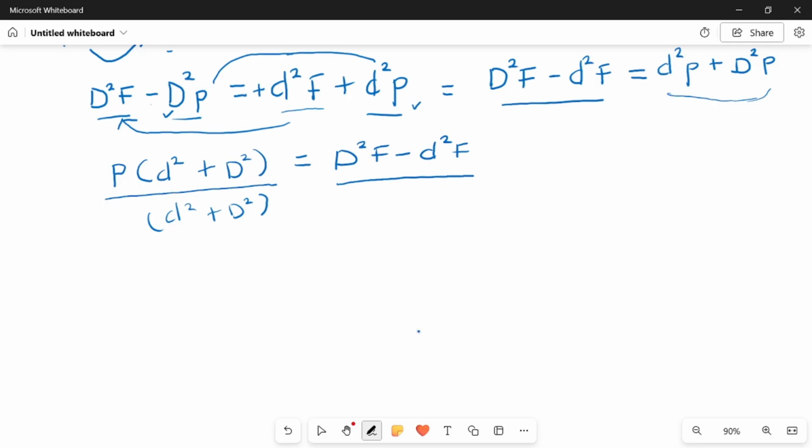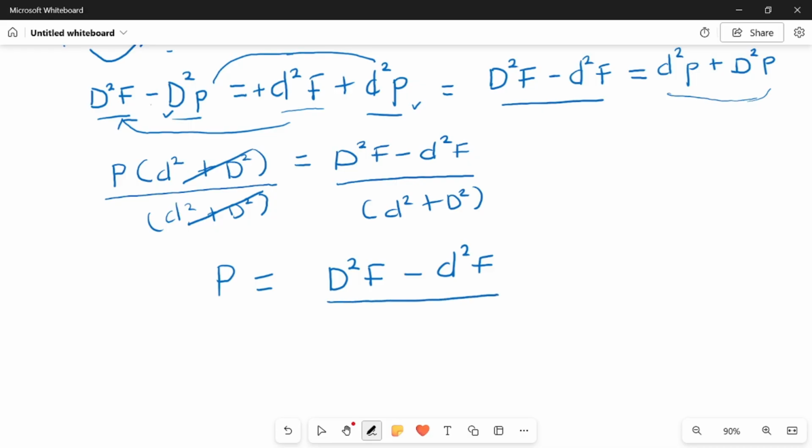This will cancel this, and we're left with P is equals to D square F minus D square F all over D square plus D square.